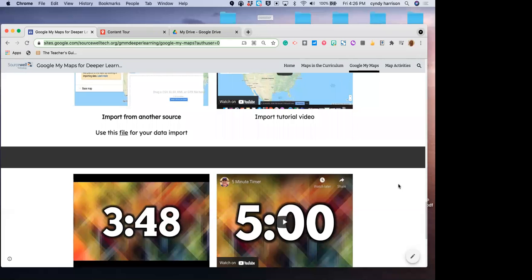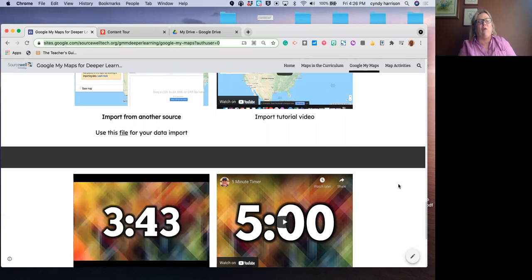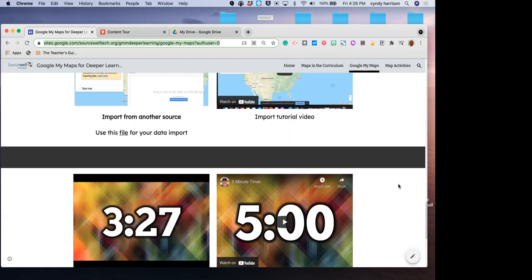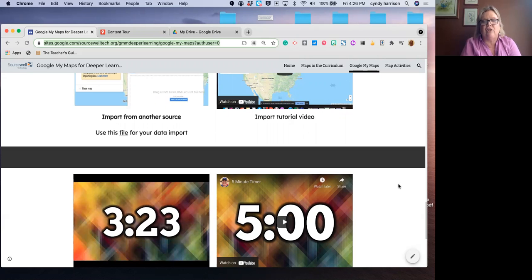You could really spend some time in here doing this, couldn't you? Yes, that's why I'm putting a timer. Y'all probably thought 10 minutes at the beginning was awfully long, but it really isn't. Just to explore and click on everything and change the color of your pen and add pictures, add videos, so many things to do.